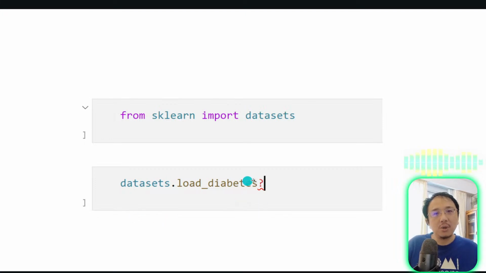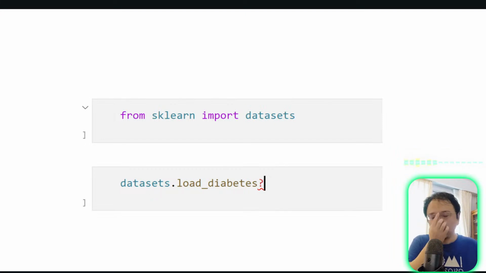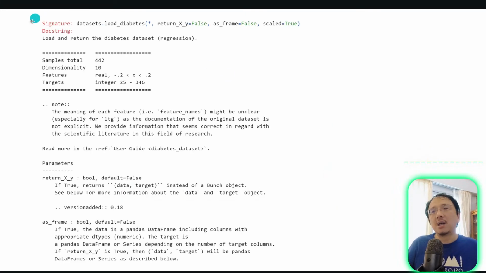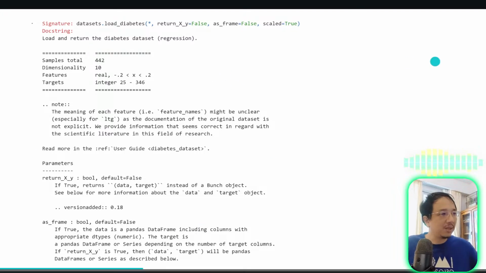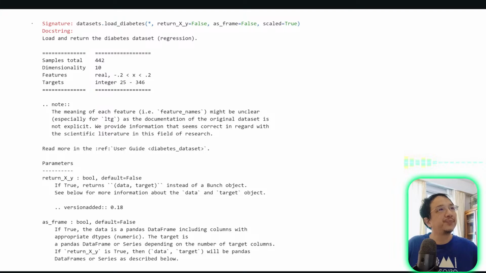In Jupyter Notebook, you can use the question mark before or after a method or function to get documentation. By running the question mark here, you'll get a very long output.